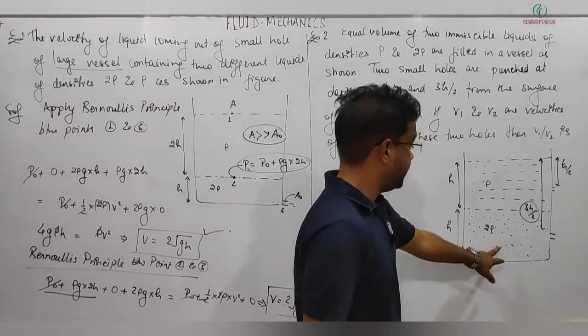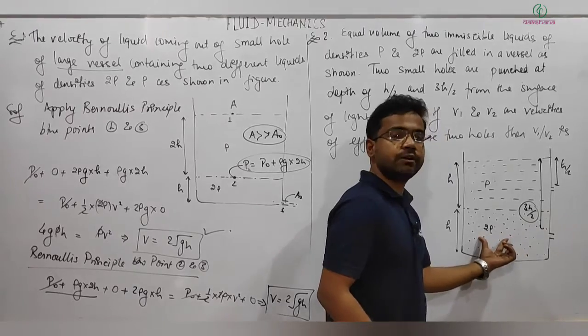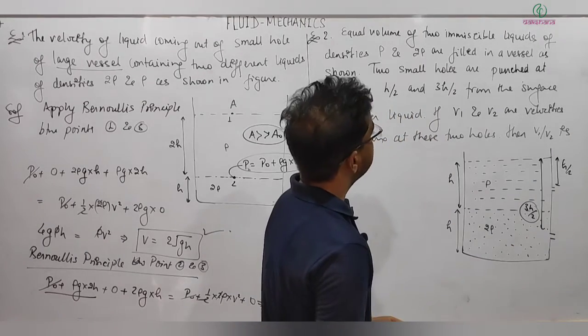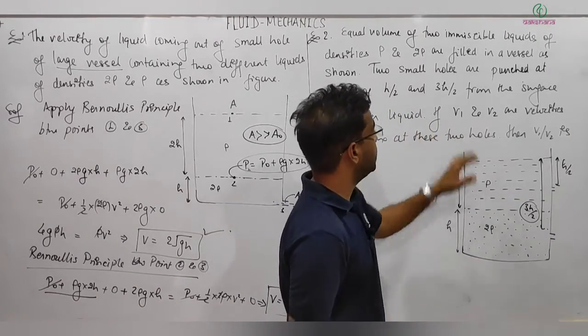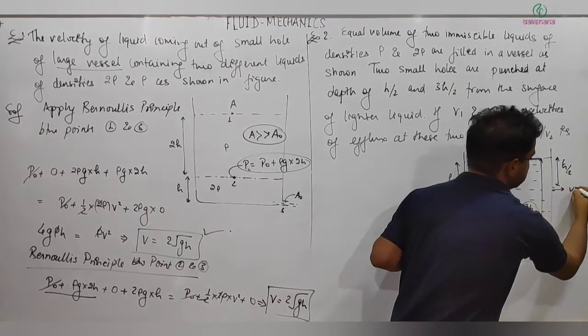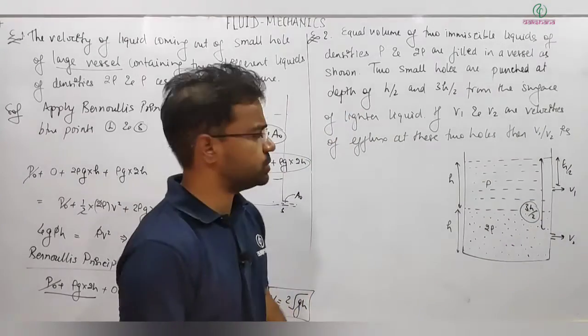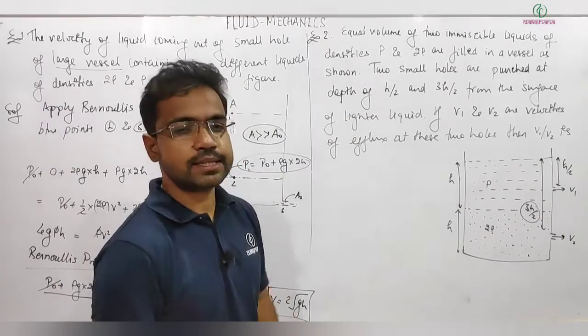This hole is in the liquid of density 2 rho, measured from the surface of the lighter liquid. If v1 and v2 are the velocities of efflux, here velocity is v1 and here velocity is v2, then you are asked to find v1 and v2. So it's an almost similar problem, just a little bit different.